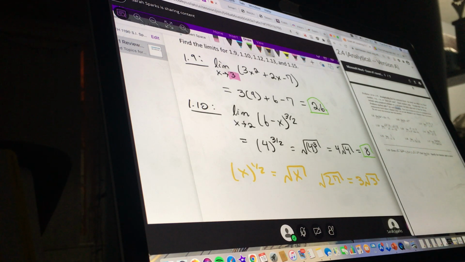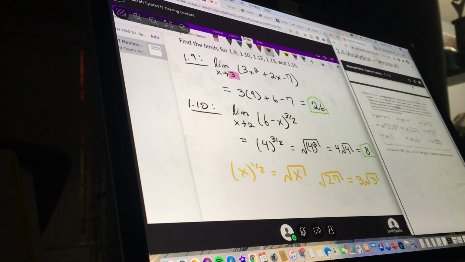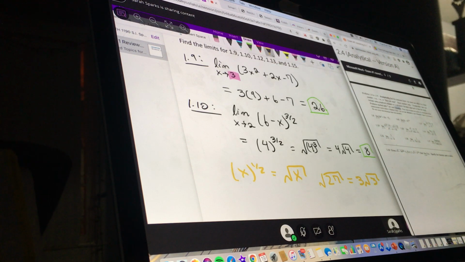But if you type in square root of 27 in your calculator, you're going to get a decimal, and you're not allowed to write decimals. So in this one problem it doesn't matter, but you do need to know how to do that. You don't have to write that out, but it is important to know. That's the only reason why I did it that way.